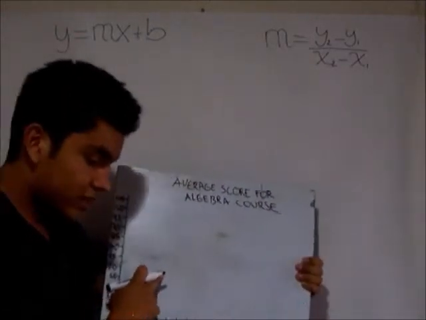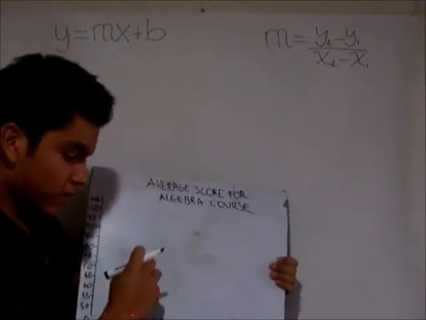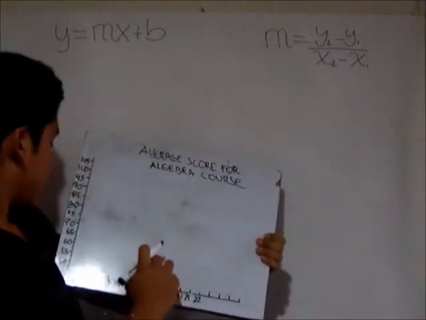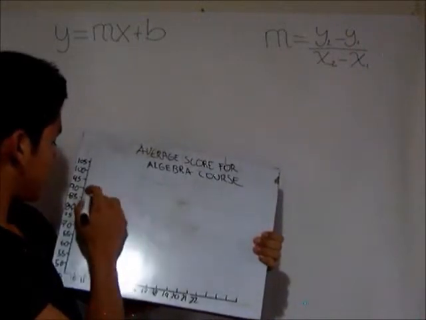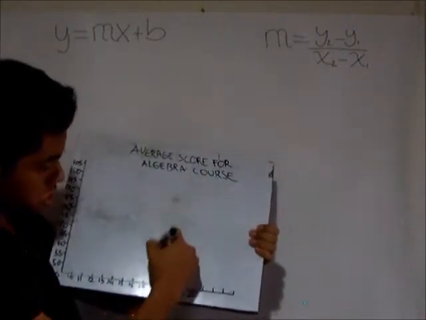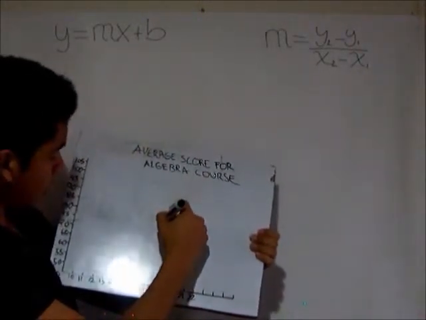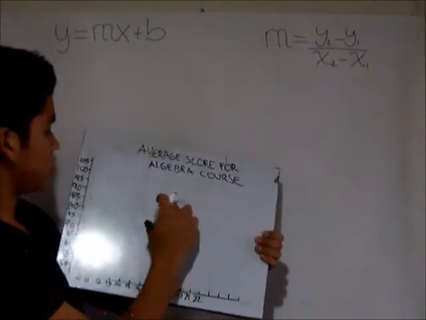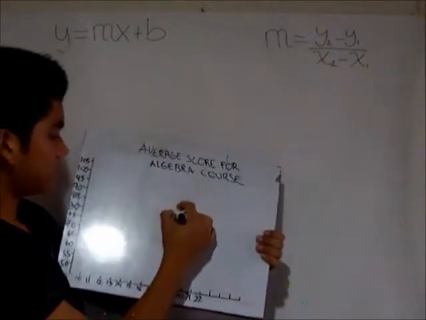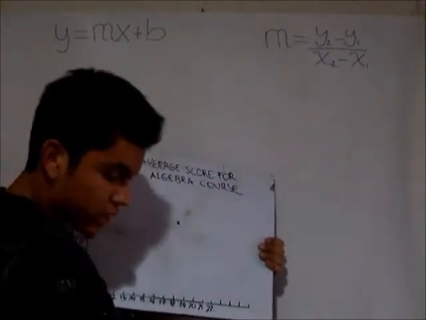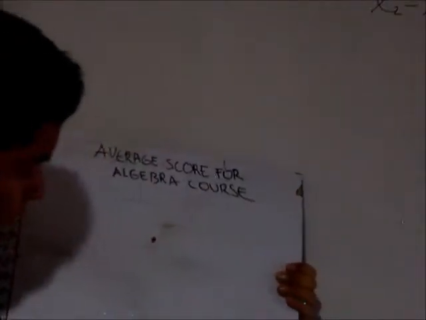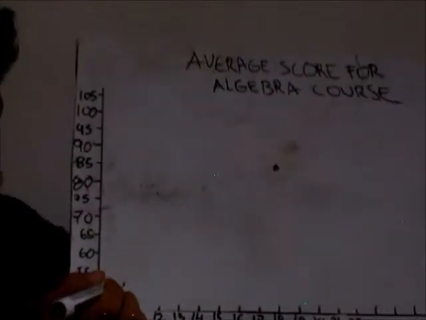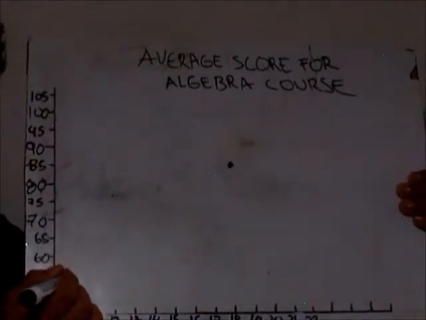The first one is 18, 87, so we put it here. The second one is 10, 55. It is here. Pretty easy to graph.